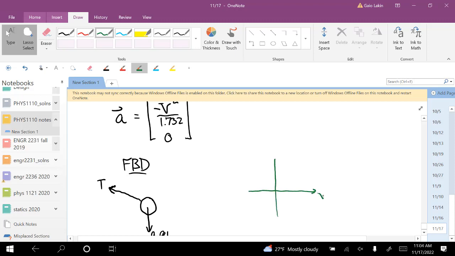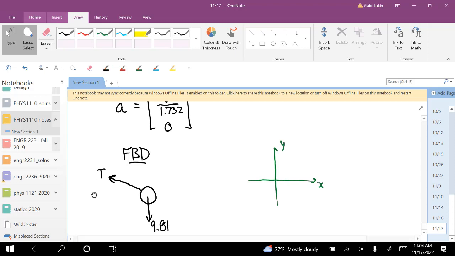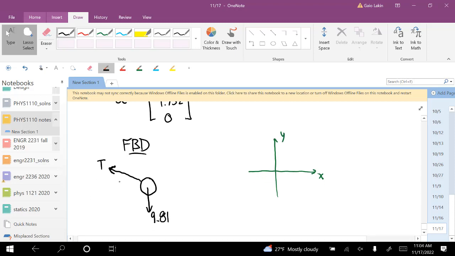Before I do that, let me just figure out the components of this force. So we know it has a magnitude of T. We know that this angle is 30 degrees. So what's the counterclockwise angle from the positive x-axis to that force?